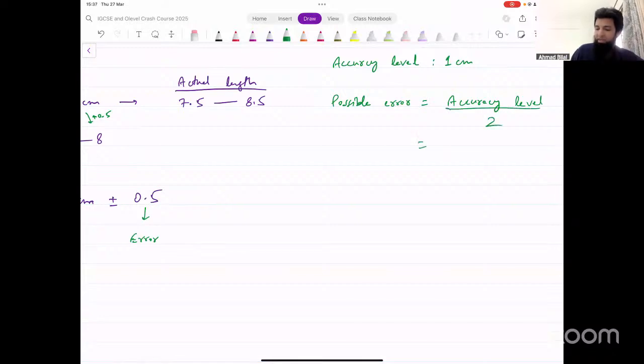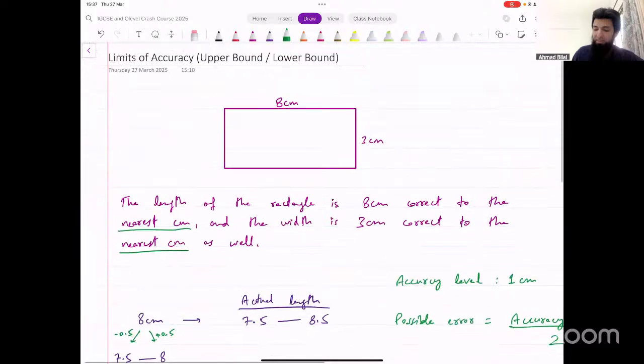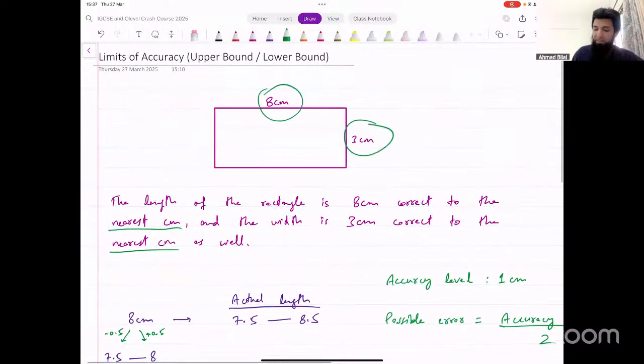So 1 divided by 2, the possible error is 0.5. 0.5 on either side of this number 8, right? So the actual value for the length could be between 7.5 and 8.5.